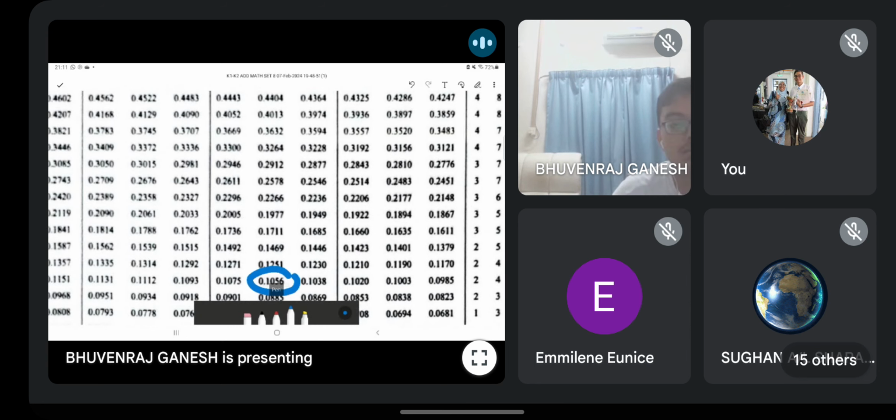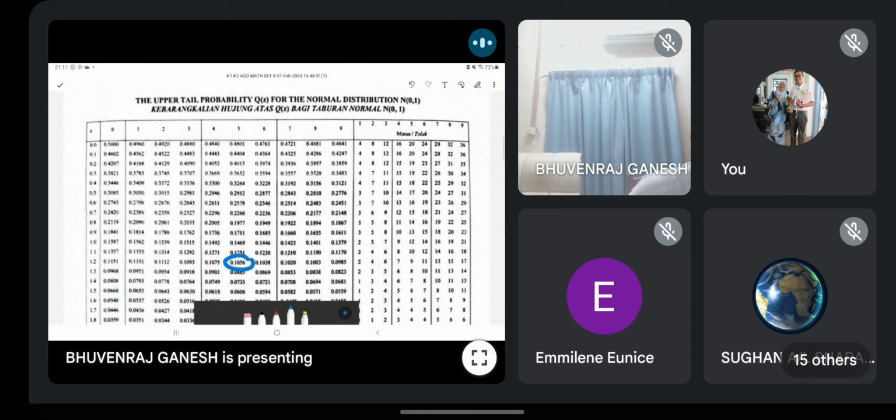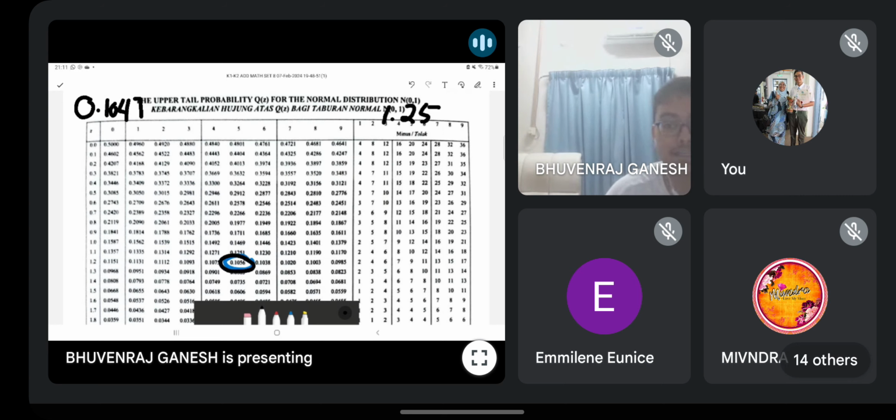Okay, paling dekat. Okay, so if you read this value, it is 1.25. Am I right? But then you have to minus. Kita kena tolak. We want to get 0.1047. Kita nak dapat kebangkalian ini. So how much must we minus guys from this value? Berapa kena tolak? At the end number, kat digit terakhir.